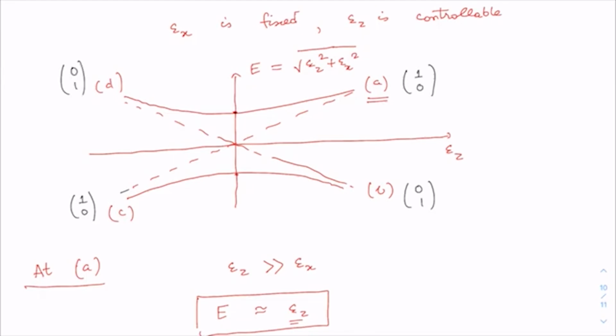What about this point P and this point Q, when epsilon z is equal to 0? You can do the calculation and show that the point P corresponds to the eigenvector 1 by root 2 times (1, 1), while this point Q corresponds to the eigenvector 1 by root 2 times (1, minus 1).